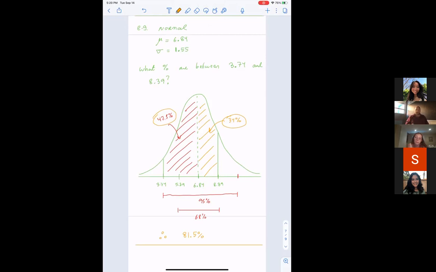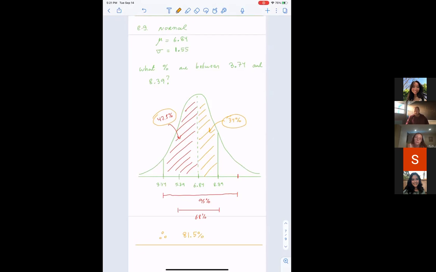Those are approximations. Your calculator will do slightly better approximations. Crunch it will do slightly better approximations. But for a quick back of the envelope calculation, where you're just scribbling a little bit to get an answer, these are the numbers that we're going to use for the normal distribution.